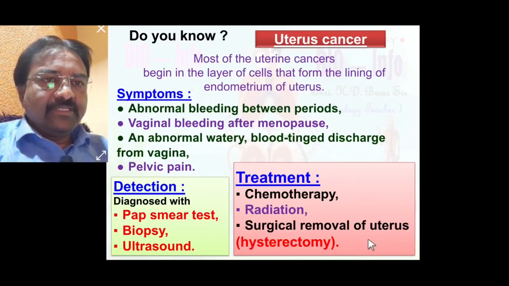Such surgical treatment is called hysterectomy. Hystero means uterus and tomy means removal. So hysterectomy means a removal of the uterus.